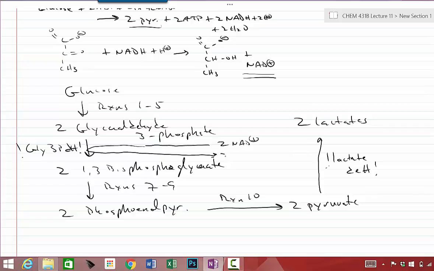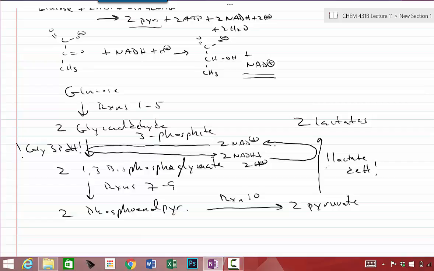And we're going to make 2 molecules of NADH plus 2 protons. Okay. And then this actually goes here, and those will react with lactate dehydrogenase and pyruvate in order to create your NAD+. Okay, so that's how that cycle goes.